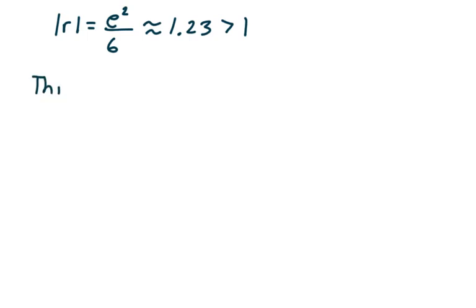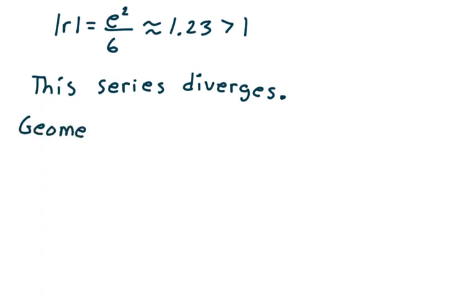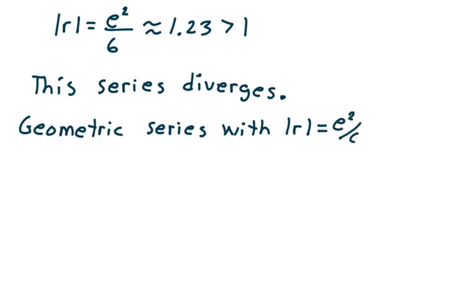So this series diverges. Why does it diverge? Remember, this is a geometric series with the absolute value of r equal to e squared over 6, which is bigger than 1.